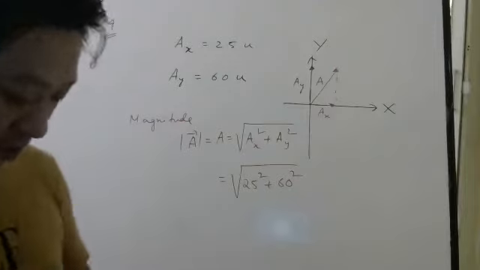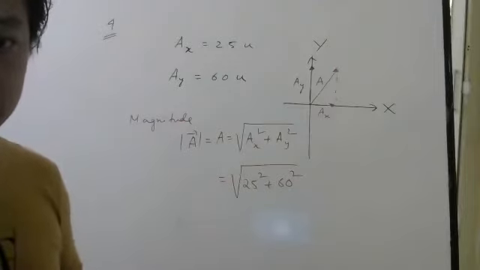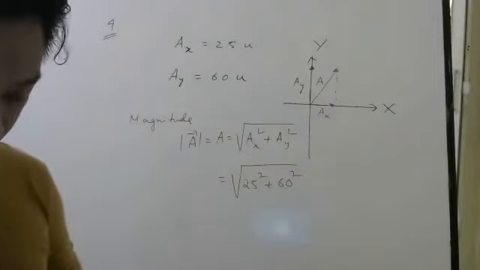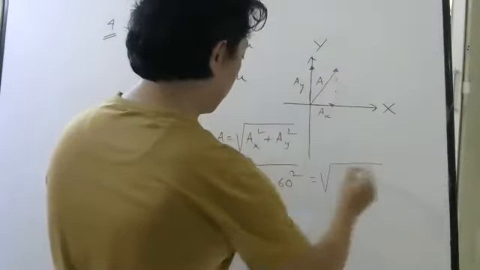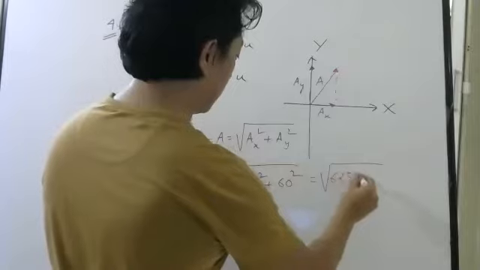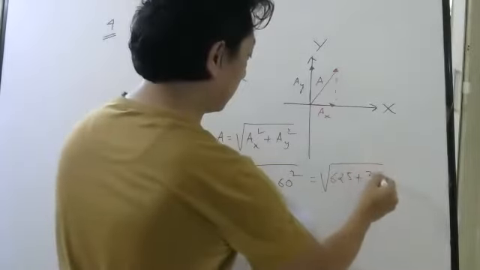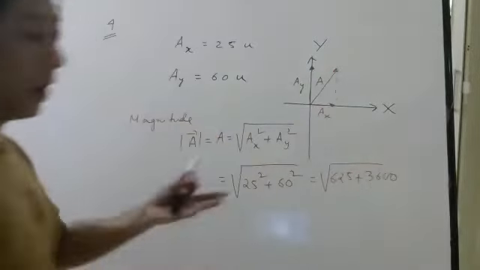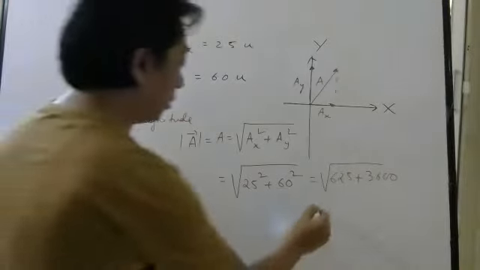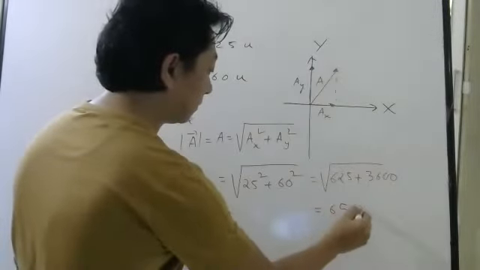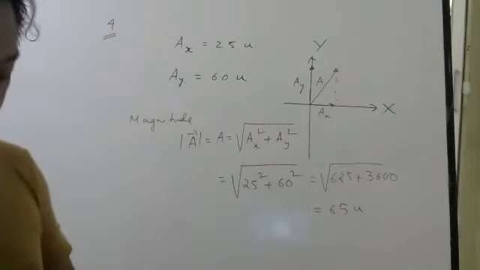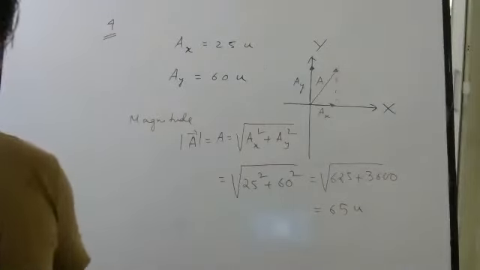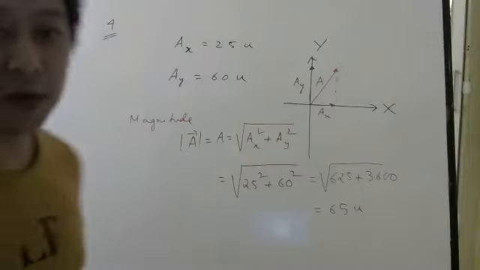Square root also you have to take. So this will be 625 and this will be 3600. So add them, take the square root, you will get 65. Fine. So this is the magnitude. Magnitude part is clear, I think.